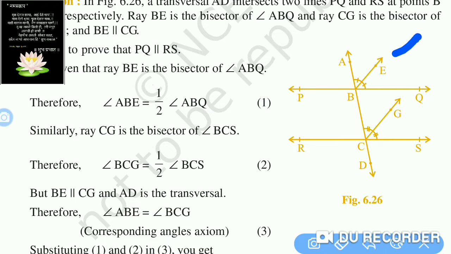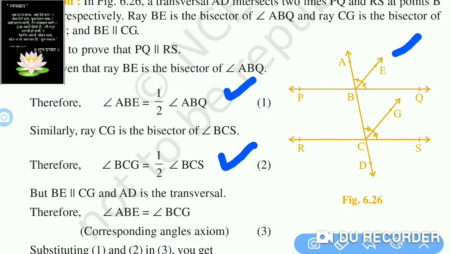So the first statement is angle ABE is half of angle ABQ, and CG is the bisector of angle BCS, so angle BCG is equal to half of angle BCS.